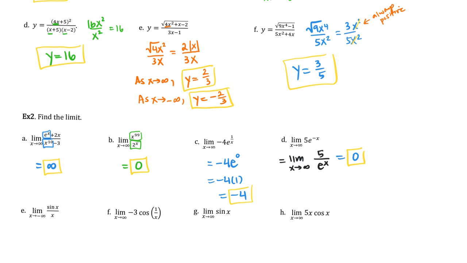Now e, the limit as x approaches negative infinity of sine x over x. Now the sine of negative infinity, I have no idea what it is because sine is fluctuating. It goes up and down like a wave. The y value of sine is somewhere between negative 1 and 1.